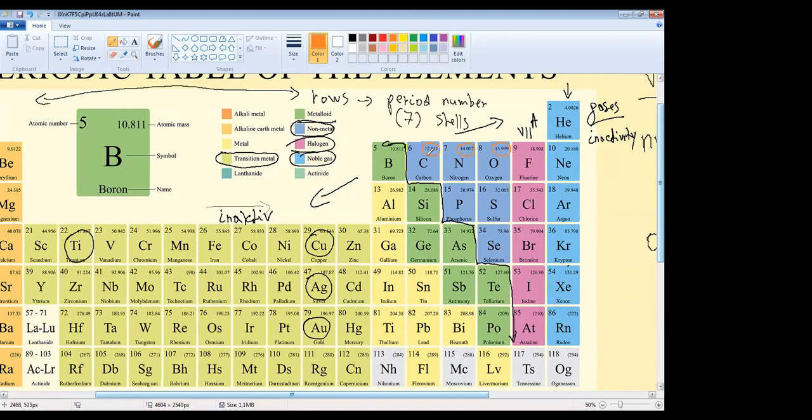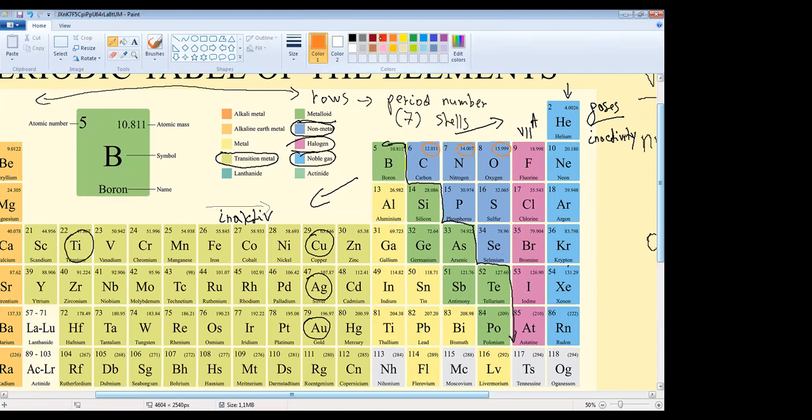So he put the elements in order of increasing atomic mass. From carbon, it is 12, to nitrogen 14, to oxygen 16, etc. But in some examples, this order is different.